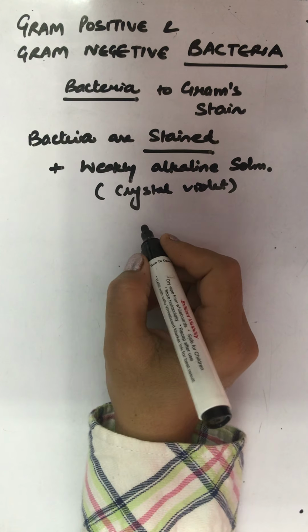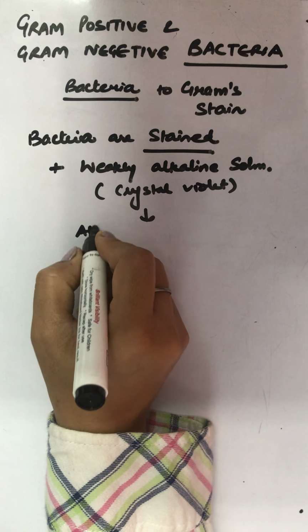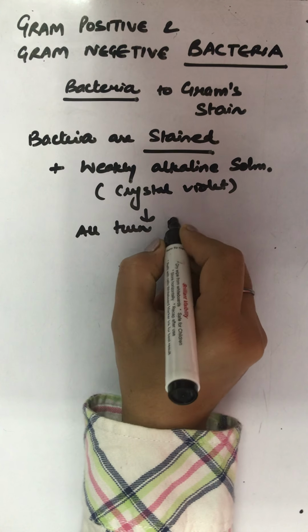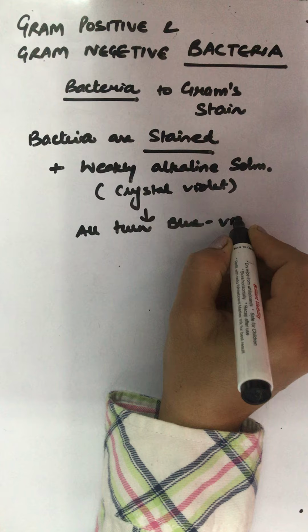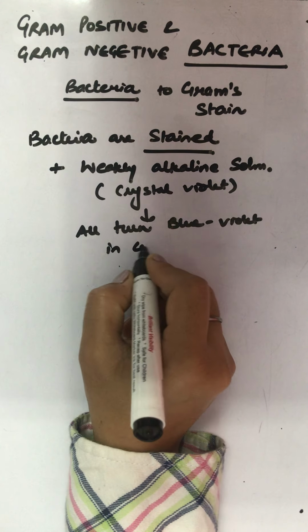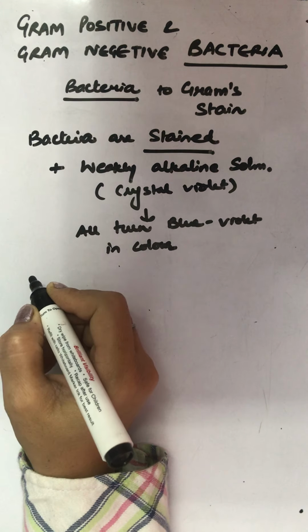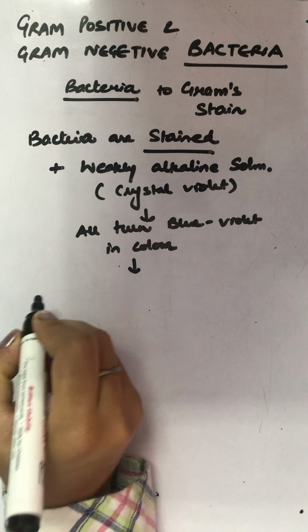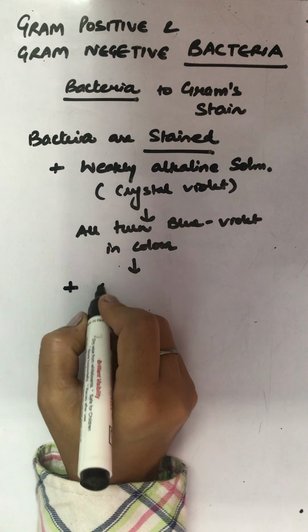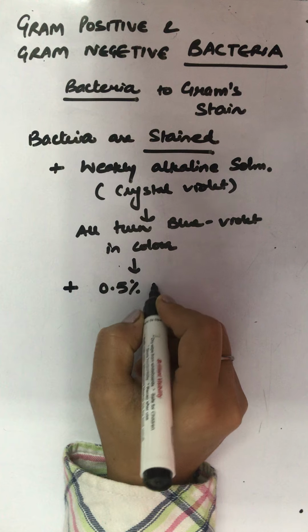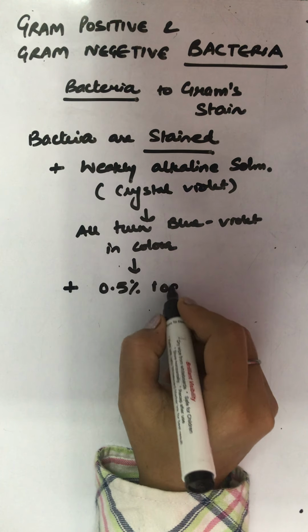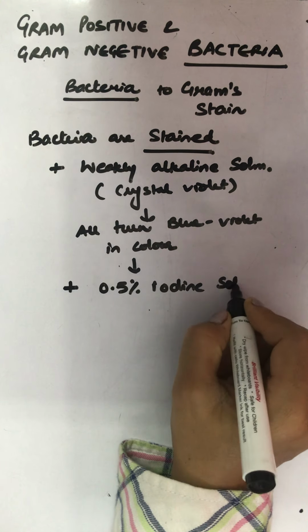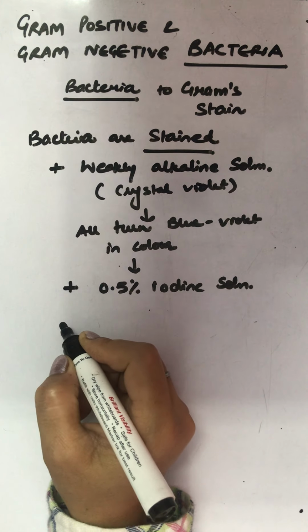And all of them will pick up color. So all turn blue violet in color. They are then treated with 0.5% iodine solution. Clear?